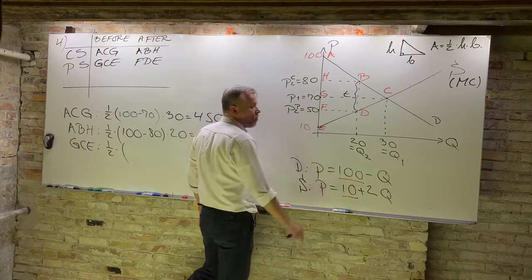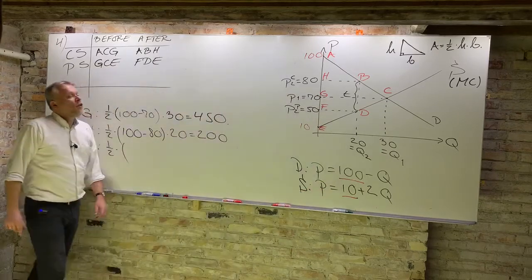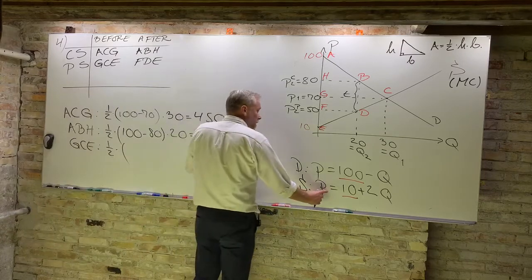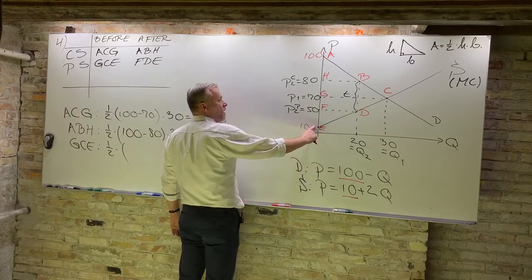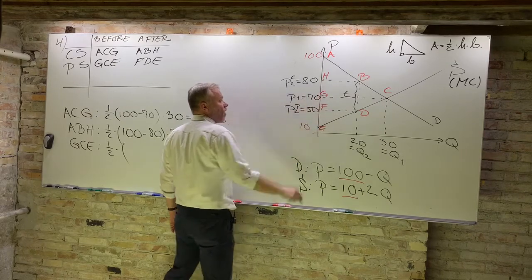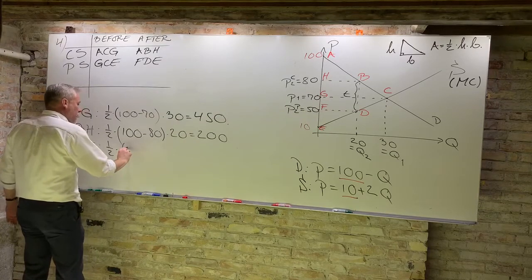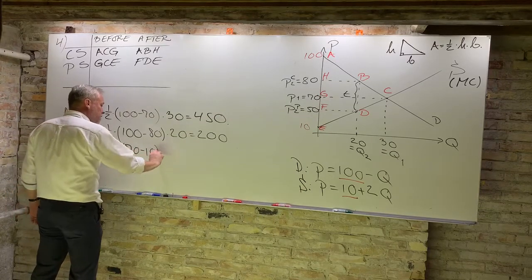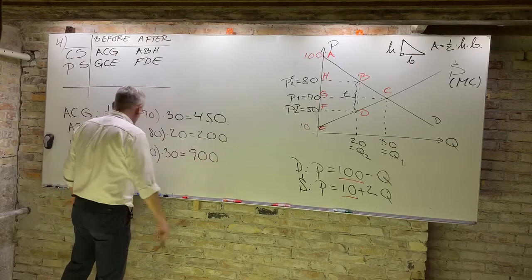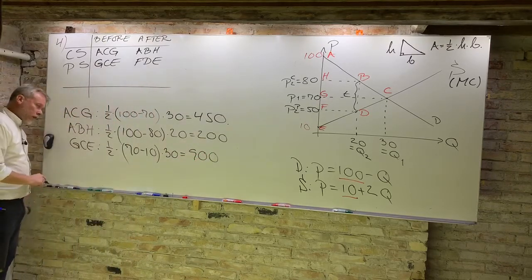Had it said Q, had we had actual supply, you would need to isolate P yourself. But we've already got P isolated, so it says P here, and we can then see that the vertical distance, the height of the triangle, is the difference between 70 and 10, in other words, 60. So we get here 70 minus 10 times the base, and this gives us, all in all, 900.